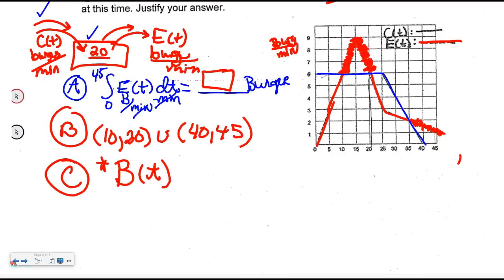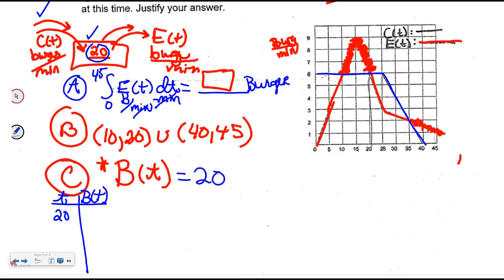So back to my picture. I will have started with 20, and I'm going to make a candidate table because for absolute mins or maxes, I have to consider the endpoints. And let's talk about why. If rate in is always greater than rate out, so picture that, the amount in is always greater than the amount out, then I'll be at a maximum at the end and a minimum at the beginning.